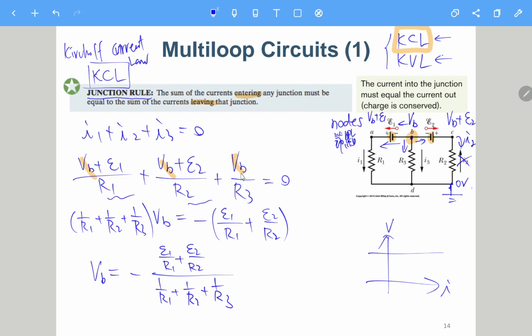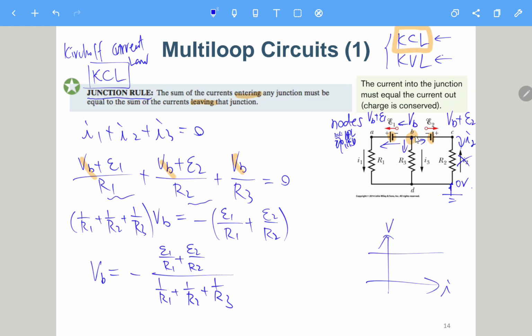So when you try to solve a circuit, you need to know how many variables you should have, and then you write the correct number of equations, and then you can solve it. After you solve it, you can know everything about this circuit. For example, if you would like to know VA minus VC, that is also possible.